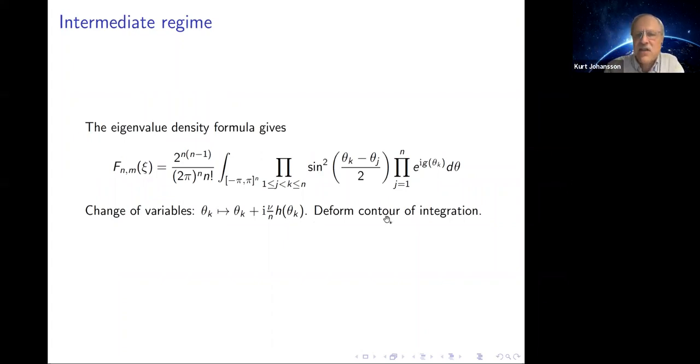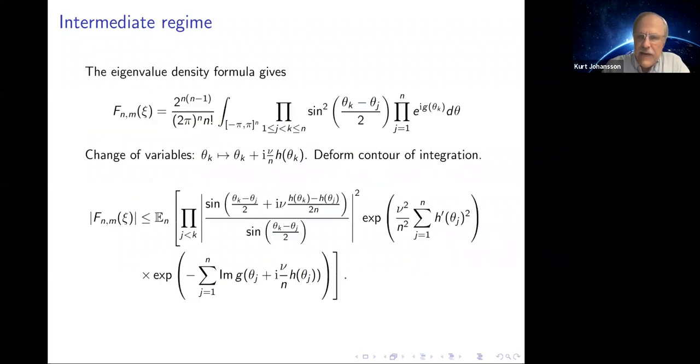So I make this change of variables and I can deform the contour back to the interval minus pi to pi again. So if you do that and put in the estimate, now we don't want to prove that this is close to the Gaussian. We want just to prove that it's small, right? So that the contribution from this intermediate regime is small.